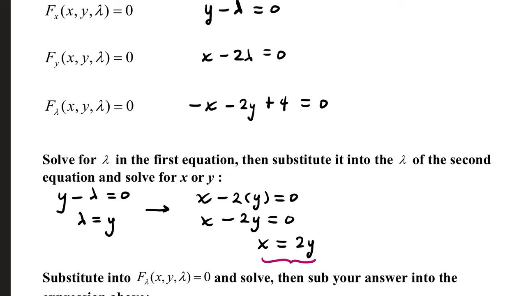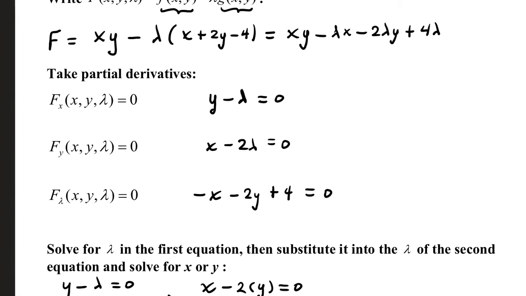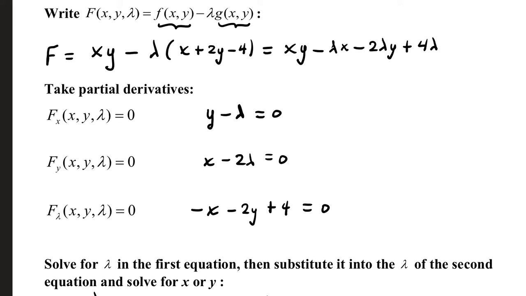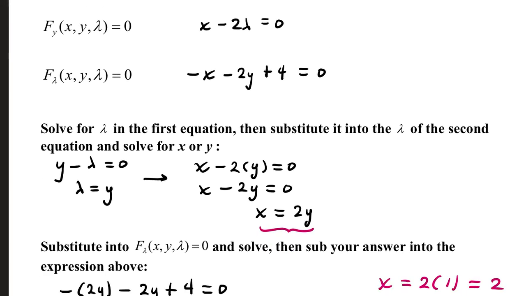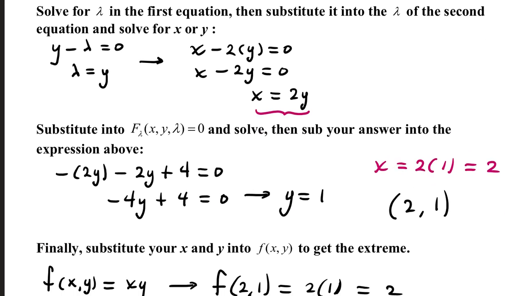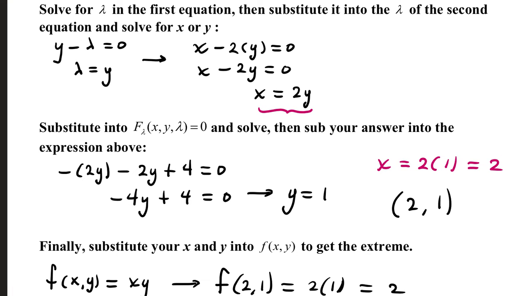Now, substitute into your big function, the capital F, and solve. Back up here, capital F was the function we took all the partial derivatives from. Let's take that and substitute x as 2y. Right here we had a negative x, and that x gets replaced with 2y.